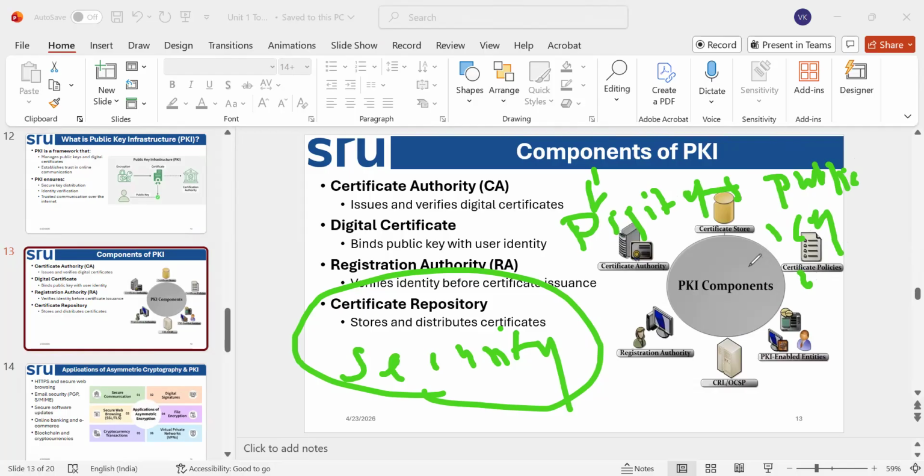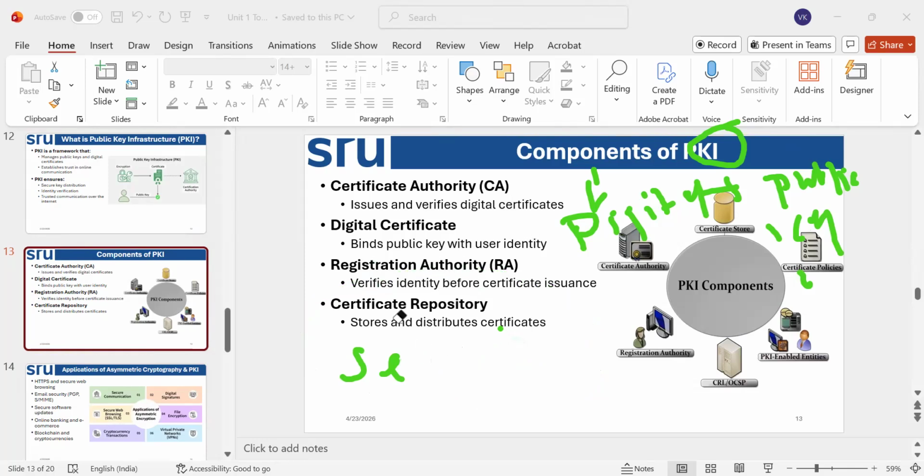It establishes trust in digital networks by verifying identities and securing communications through asymmetric cryptography. It also protects data integrity and prevents man-in-the-middle attacks. This is the major part of the components of public key infrastructure.